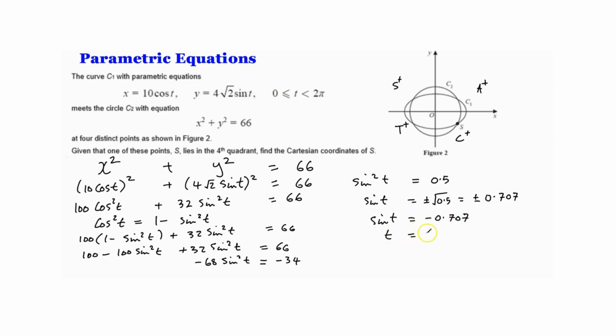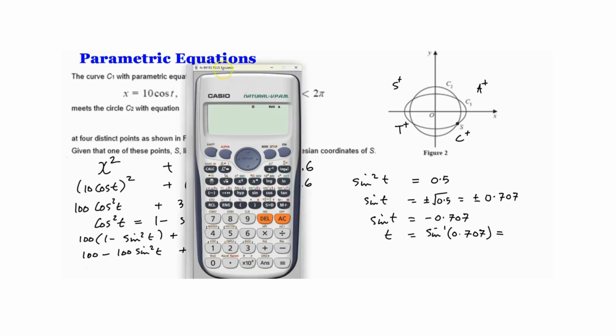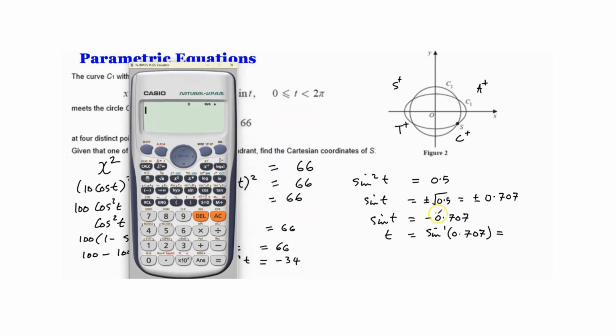So to get t, then we have sine inverse of 0.707. So let's work out the value of t with our calculator. What we need to do is to put our calculator in radians. It's number 4.